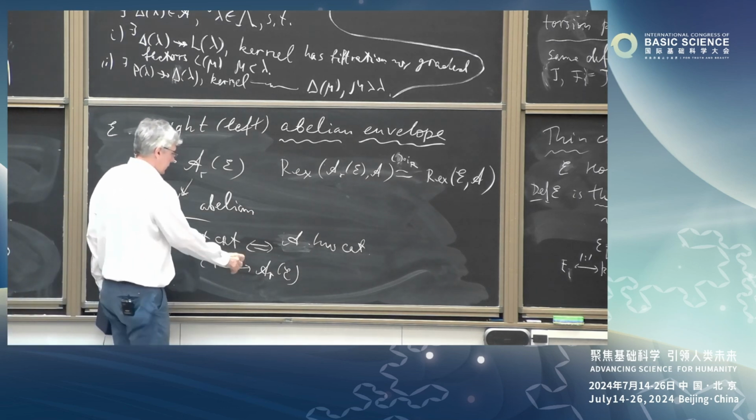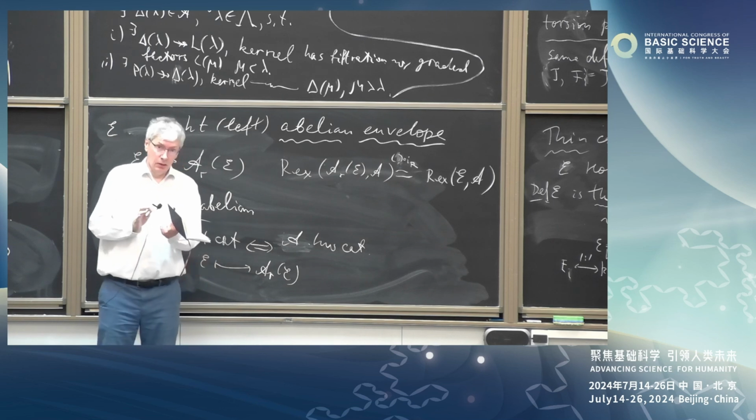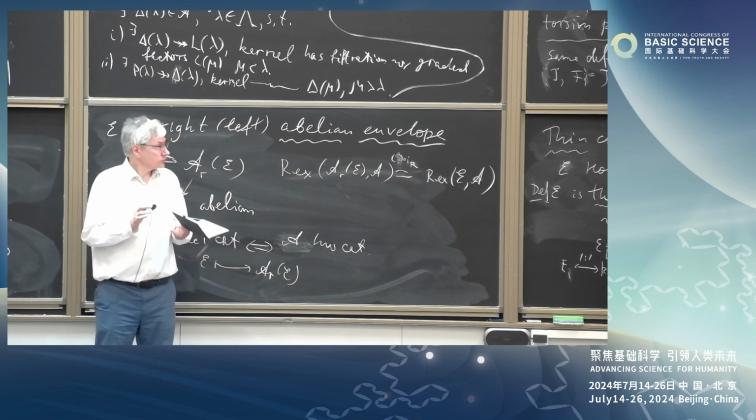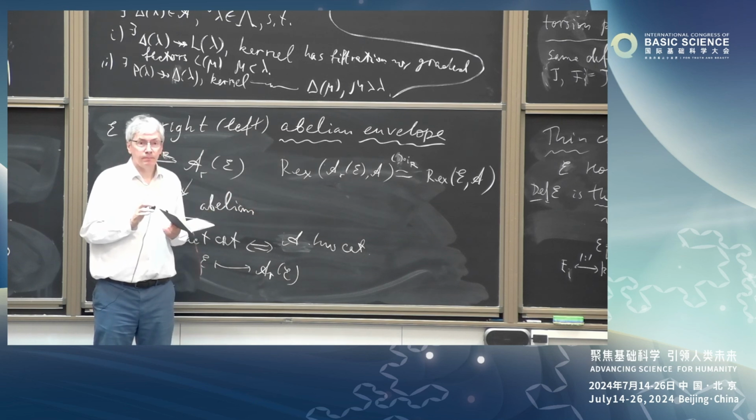And in the opposite direction, if you have a highest weight category, you can consider a subcategory of objects which have finite filtration by these E_i. Is it clear who are the E_i?